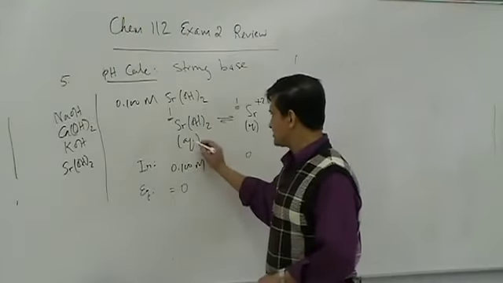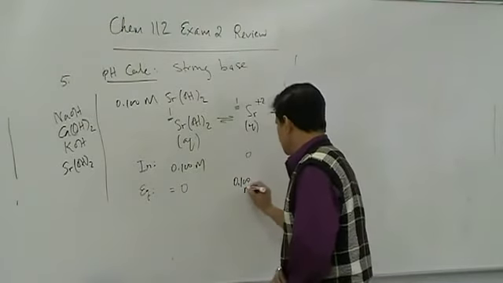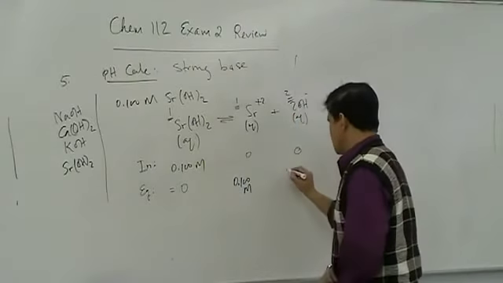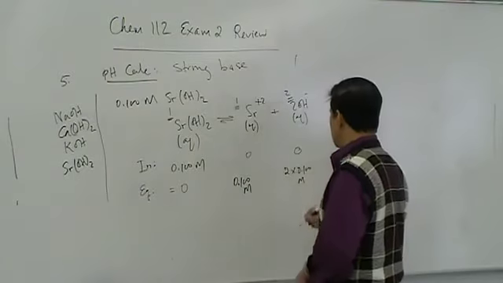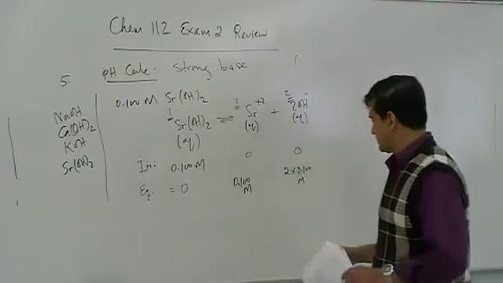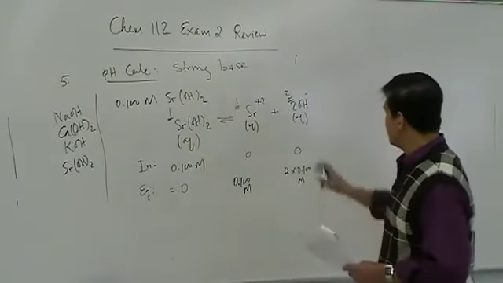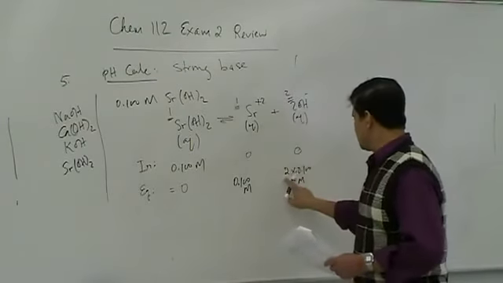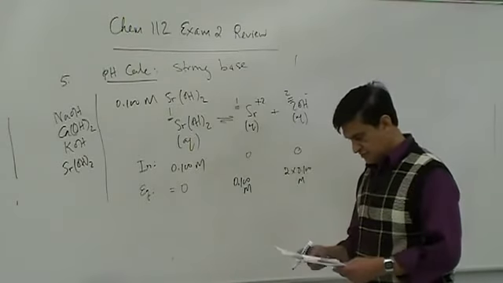When 0.10 breaks down, you get the same number here, 0.100, and you get 2 times that quantity as OH minus. If I had 1 in here, I would have 1 times 0.100, the same as 0.100.